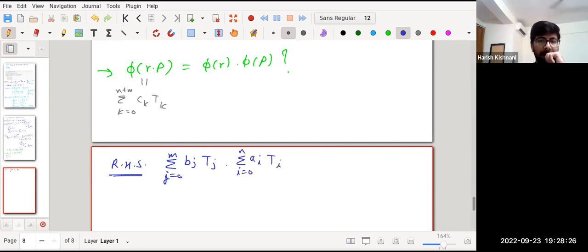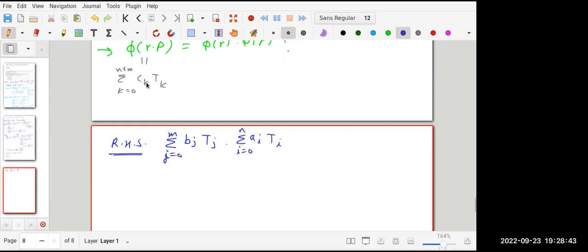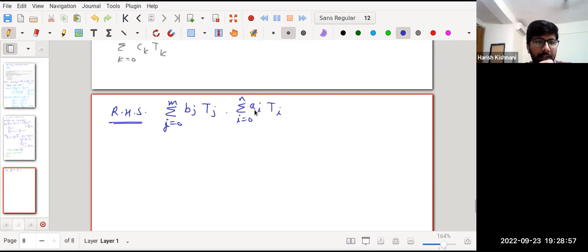Now see Shalini, this is a polynomial with each term of degree 1, right? Yes, sir. You have c naught plus c1 t1 plus c2 t2 plus c3 t3, but it won't be a polynomial with each term of degree 1, right?